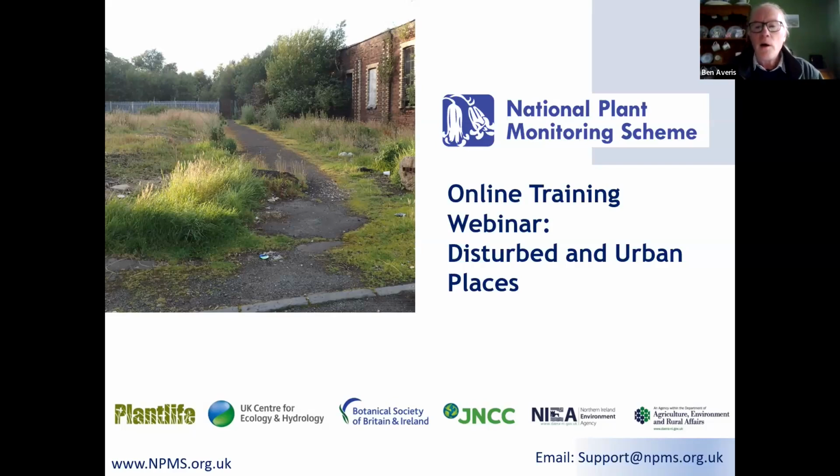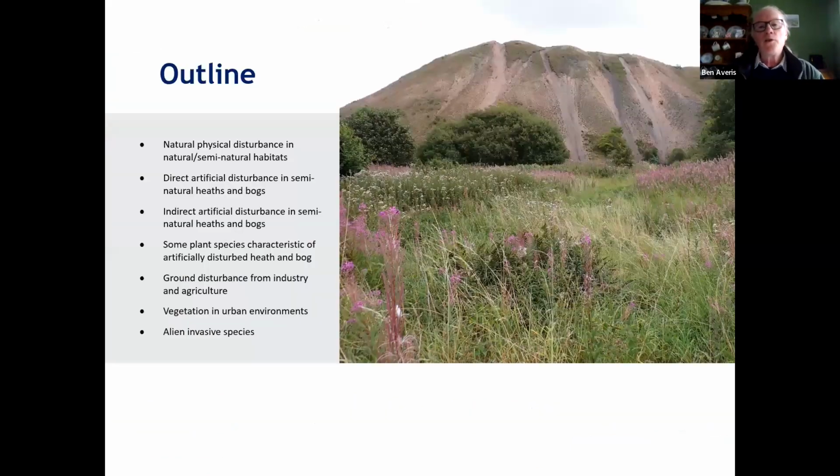There's an introductory outline page here, with bullet points for the main sequence in which we're going to be looking at things. What I've done is put together a presentation that looks, firstly, very briefly at disturbance in more natural and semi-natural habitats.